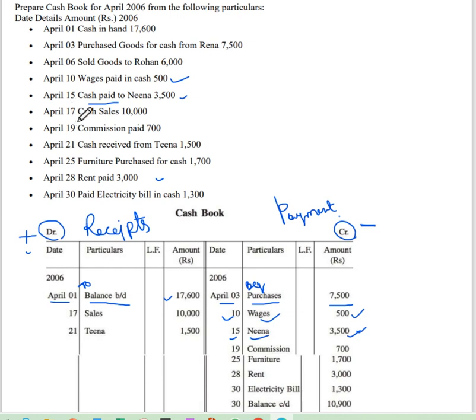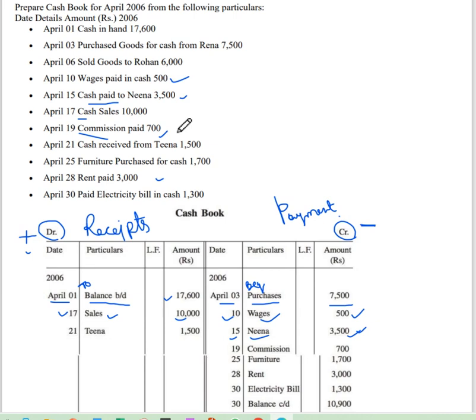Next, on April 17th, cash sales. See here, they have said cash sales. So sales, we are considering here rupees 10,000 because cash is coming when we are selling the goods. Next, on April 19th, commission paid rupees 700. So we have paid the commission. Obviously when we are paying the commission, we have to pay it in the cash format only.